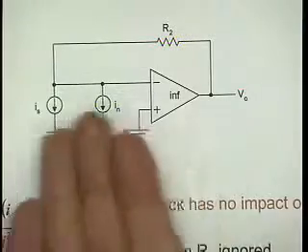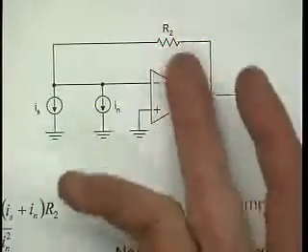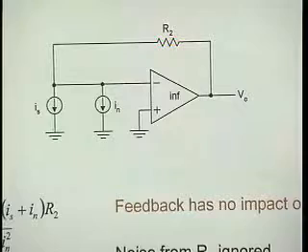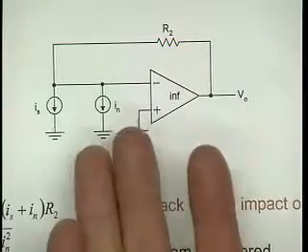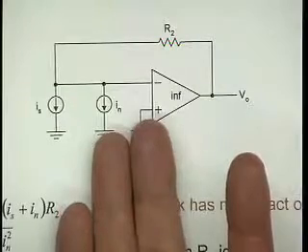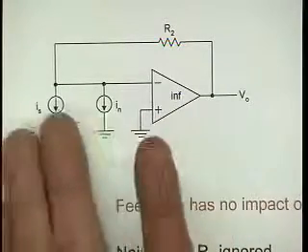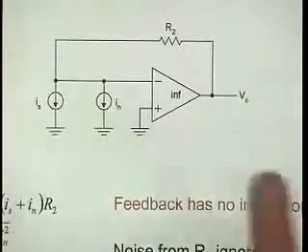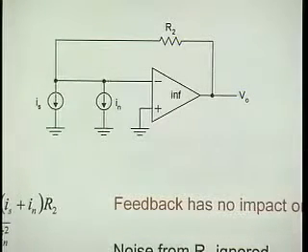And of course, changing R or so doesn't change the input referred noise. The input referred noise in this circuit is trivial to calculate. It's just equal to IN squared, because IN and the source are just parallel next to one another. So feedback really has no impact on noise here.